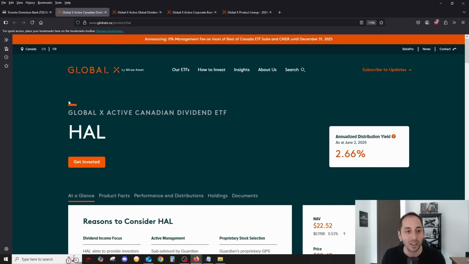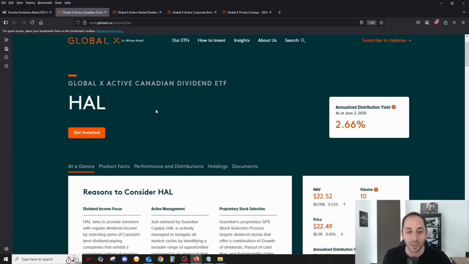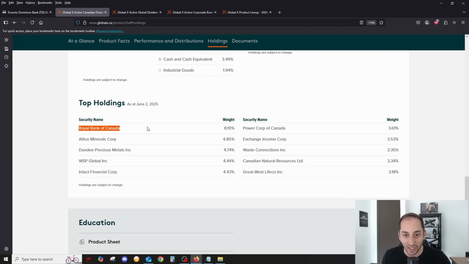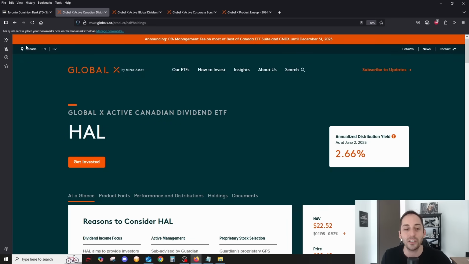And a great example would be the Global X Active Canadian Dividend ETF, stock symbol HAL. So HAL holds Canadian dividend stocks, right? Like Royal Bank of Canada, Power Corp of Canada, etc. So these are all dividend stocks. It's still considered a distribution, not a dividend, because it's an ETF.